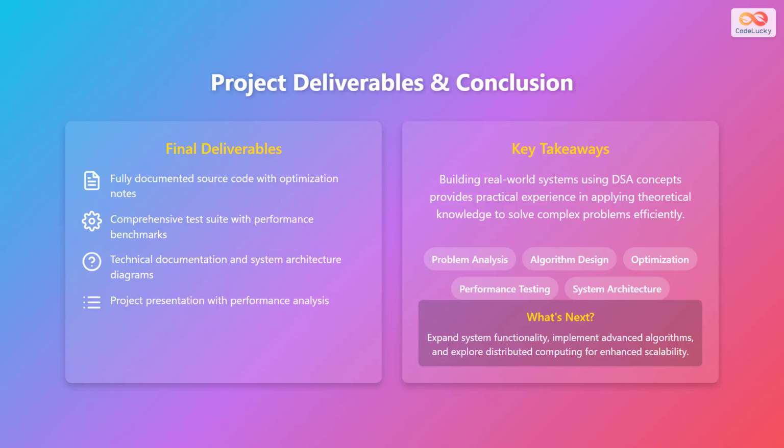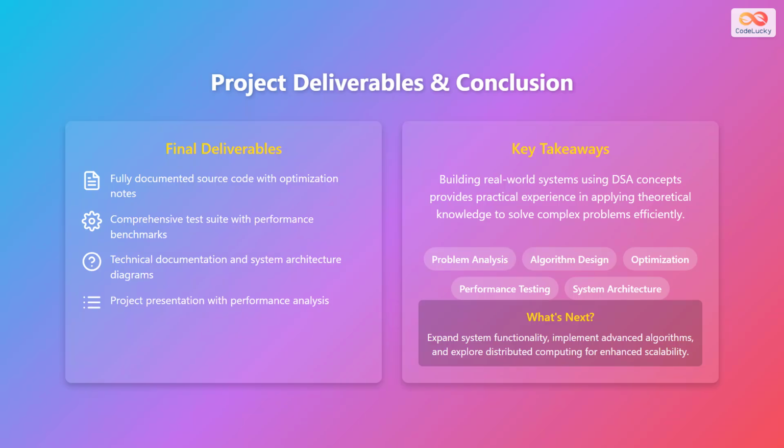These are the final project deliverables in conclusion. Final deliverables include fully documented source code with optimization notes, comprehensive test suite with performance benchmarks, technical documentation and system architecture diagrams, and a project presentation with performance analysis.